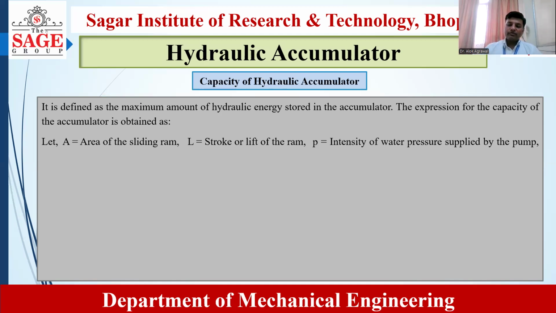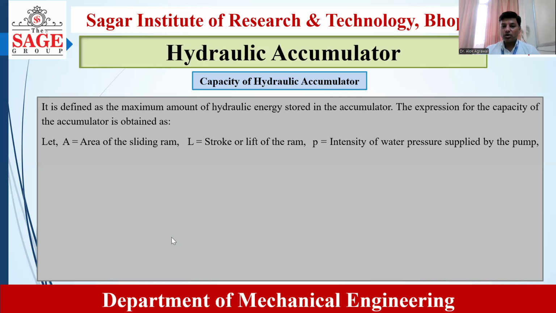When we consider a ram, the ram outer diameter and the fixed cylinder inner diameter are almost the same. So let us take A as the area of the sliding ram. L is the stroke, meaning the distance the ram travels when it moves from the bottom dead center, the lowermost position, to the upper dead center, the uppermost position.